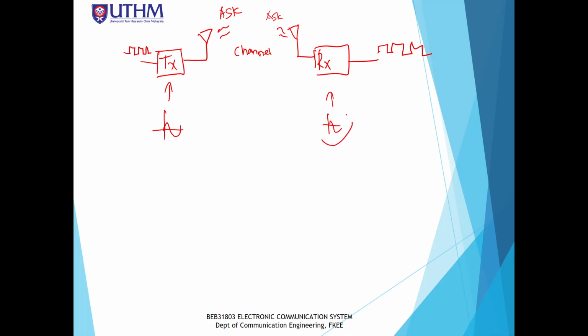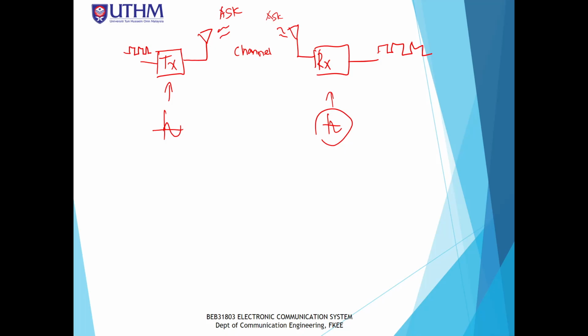If we use the carrier information, we call it coherent detection. If we don't use the carrier information, it is non-coherent detection.